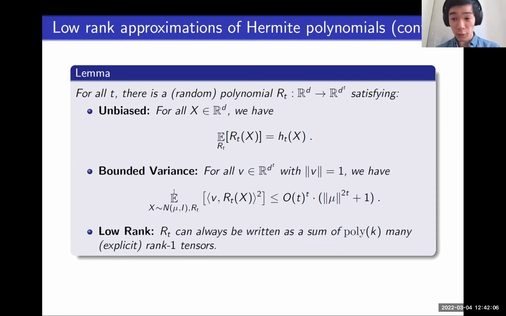Before, it was very important that the Hermite polynomials have bounded variance in all directions. And it turns out that this is also true, even if we add these additional standard Gaussians into this polynomial r. And then the final thing is that this random polynomial r can be written as a sum of polynomially many rank 1 tensors. The actual construction is kind of nasty. I just wrote down an explicit sum and verified that it was the correct thing. So I'll leave that out of the talk for now, but it's in the paper.